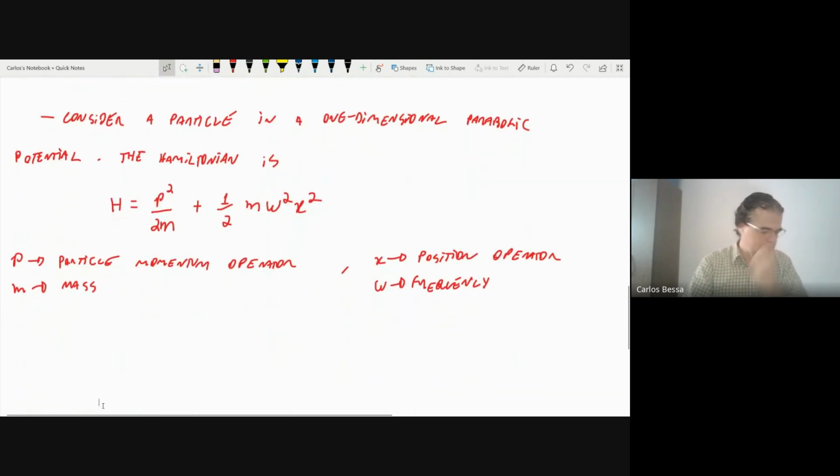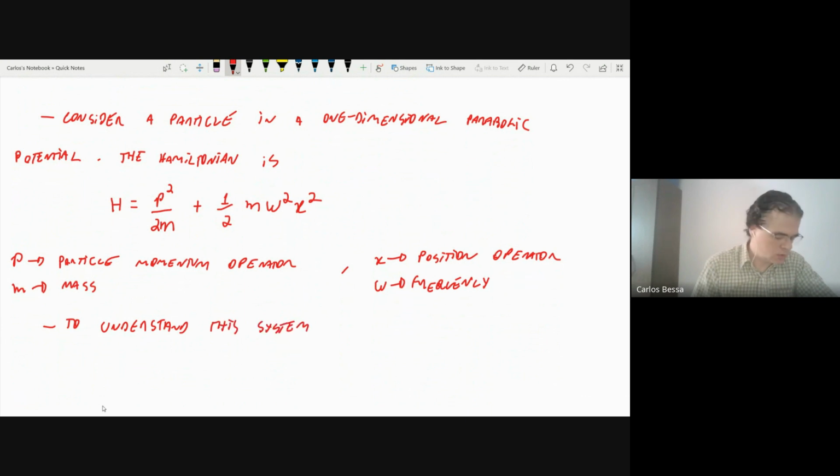So to understand this system, let's solve the Schrödinger equation. In this case, the time independent one, right?